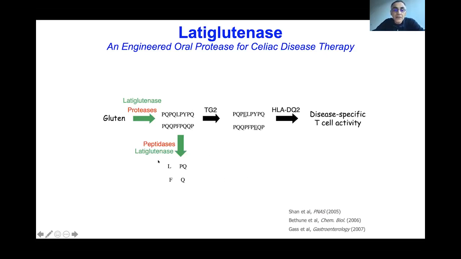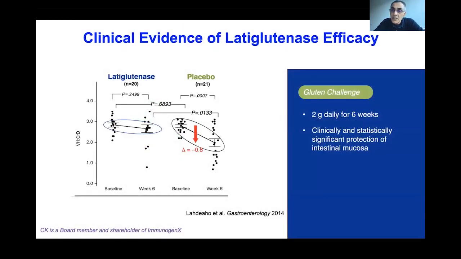That hypothesis led us to engineer a protease that today its non-proprietary name is ladiglutenase. And this protein has been validated in a number of clinical trials as being efficacious.